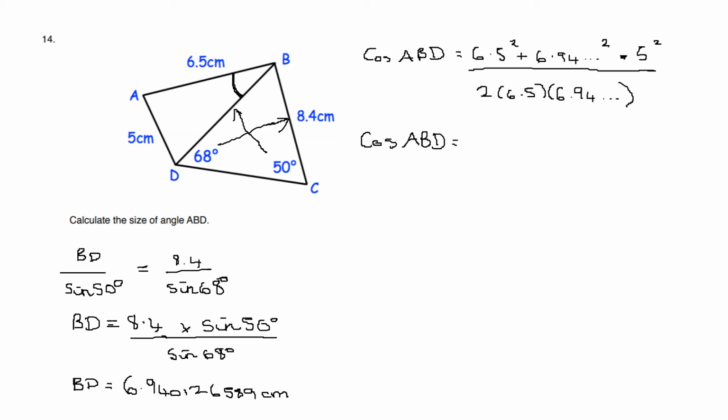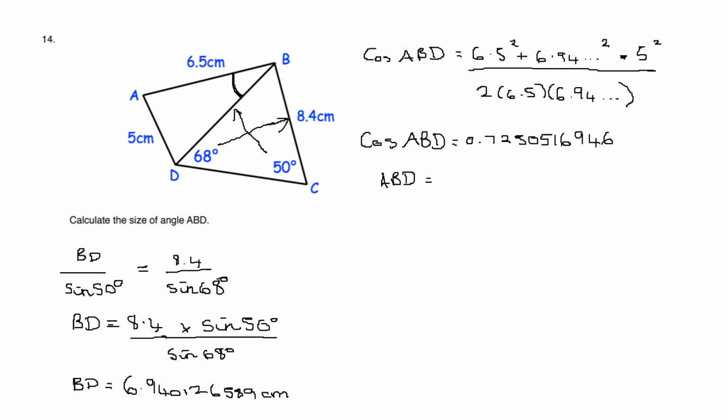So that will give you cos ABD as being equal to 0.7250516946. And then we're going to take the inverse.